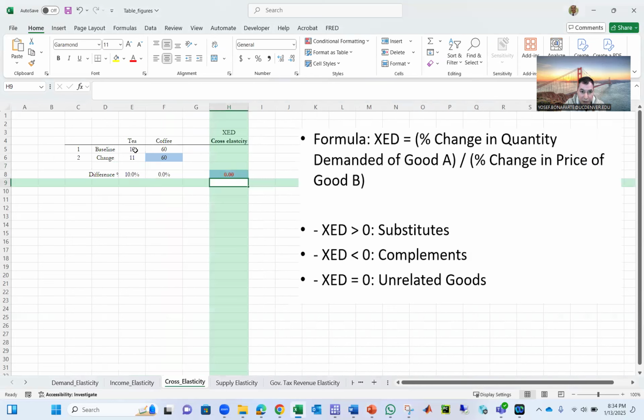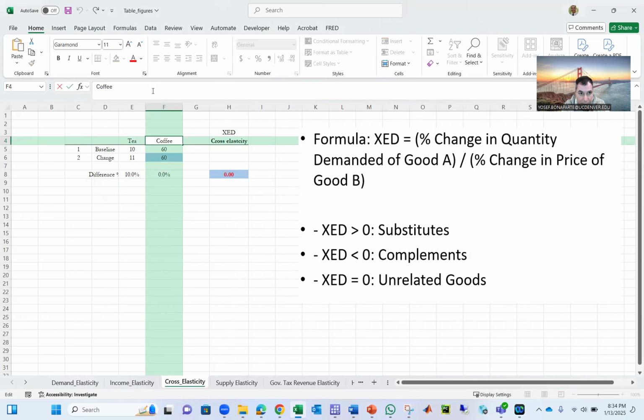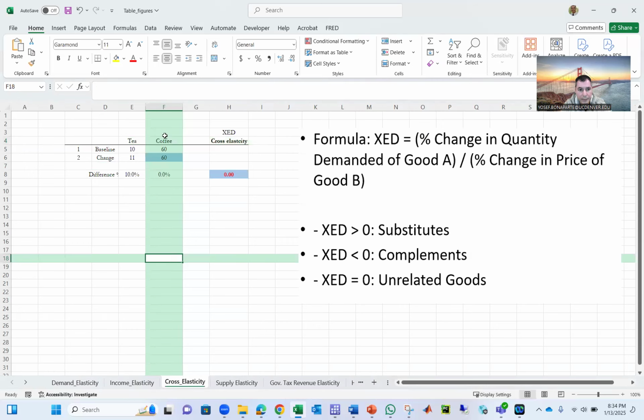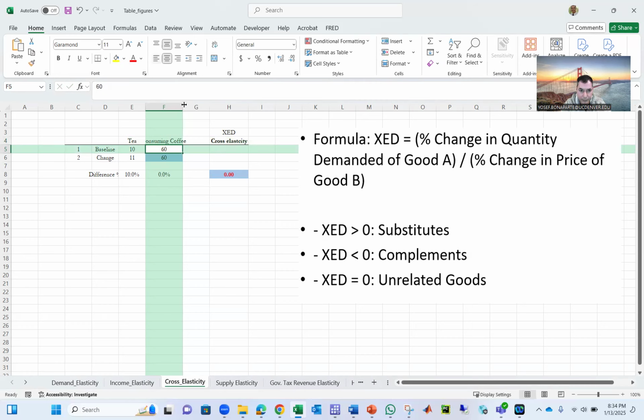So here's an example of cross elasticity. Suppose the price of tea is 10, and you are consuming 60 cups of coffee.